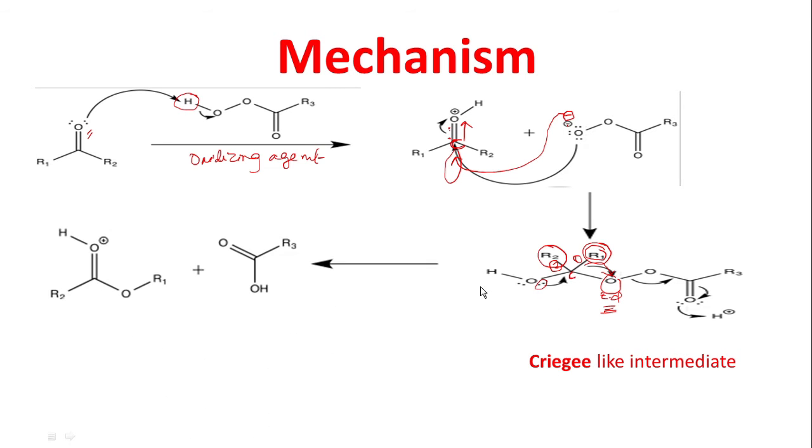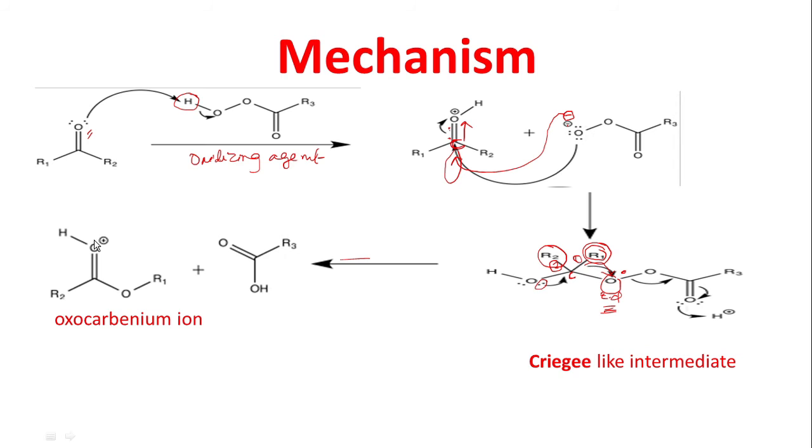Now in the next step, after donation of this electron towards this carbon from oxygen, this will form a positively charged electron-deficient oxygen center, and this will form a double bond here, and this alkyl group R1 is shifted to this oxygen.